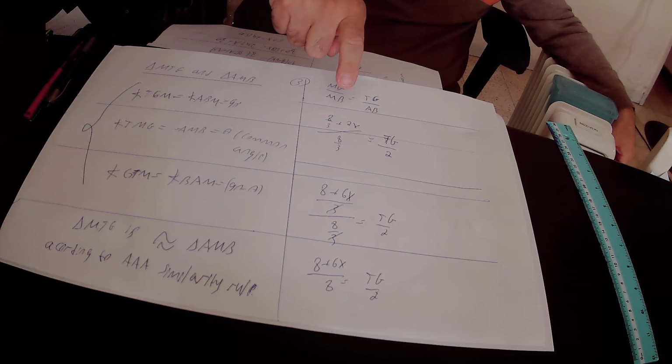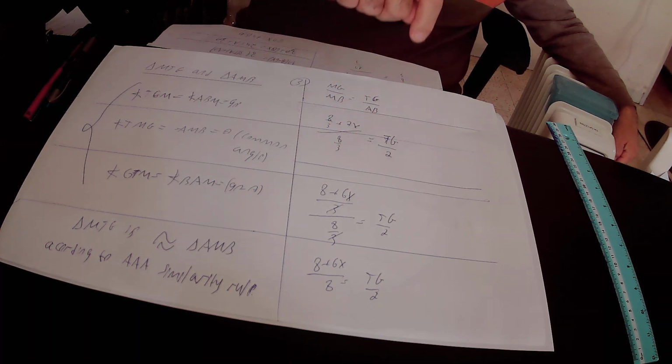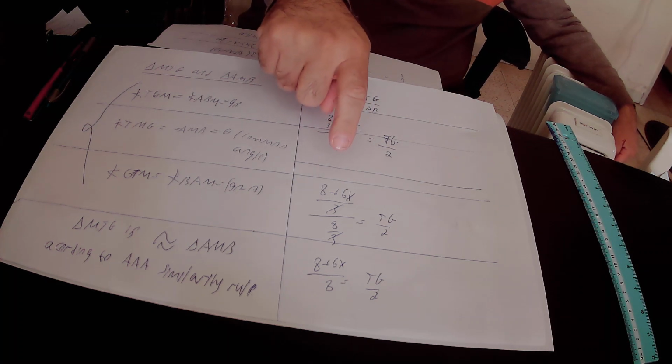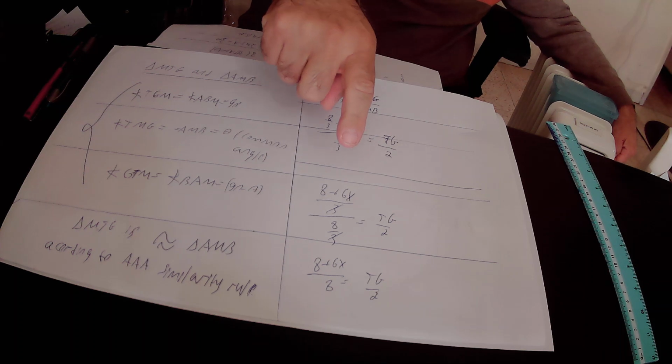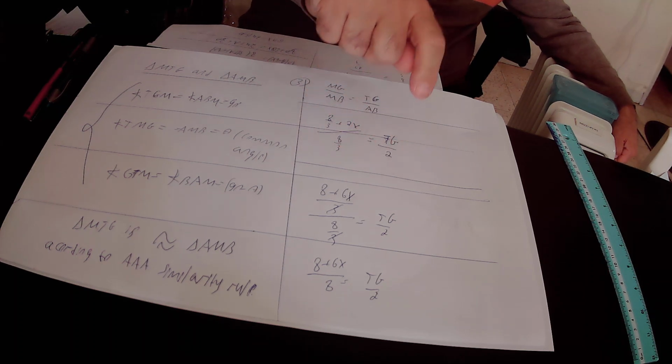Then we multiply 2x by 3 and divide it by 3 in order to get a common factor with 8 over 3, and the numerator becomes 8 plus 6x over 3 over 8 over 3, equal to TG over 2. The 3 in the numerator and 3 in the denominator cancel, and we are left with 8 plus 6x over 8 equals TG over 2.